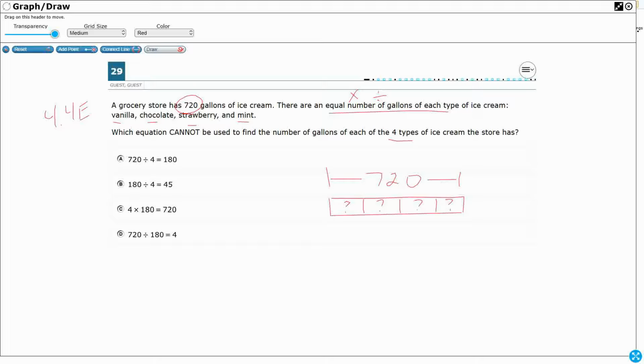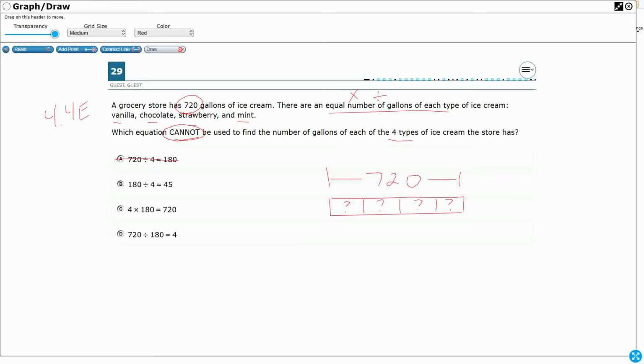Well, what are some different operations I could get from this strip diagram? Well, I can easily do 720 divided by 4 equals 180. And I guess that's the correct answer. They wouldn't give us incorrect numbers there. So this could work, which means I don't want it because I'm looking for the one that cannot work. 180 divided by 4 gets me 45.